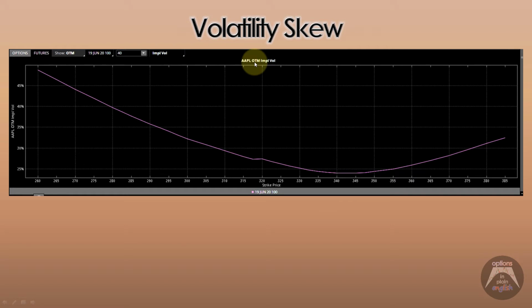So there's always going to be one option for every strike price, and it's going to be the out of the money. So that we know where we are, we have the at the money right here, which is the 317.5. This is where the price is right now, and you can see that the implied volatilities are different, and not only are they different, they form a very standard pattern.